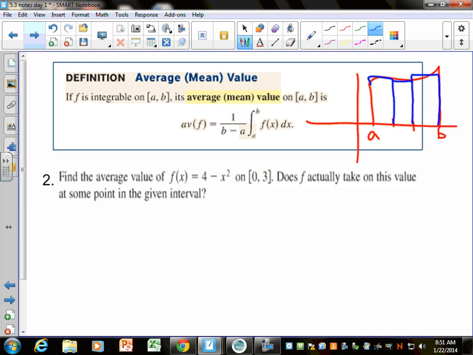So we could say this would be 1 over 3 minus 0 times the integral from 0 to 3 of 4 minus x squared dx. I really want you to get in the habit of writing out what you're doing, even if you're not actually going to work it out, or even if you're using area to work it out.